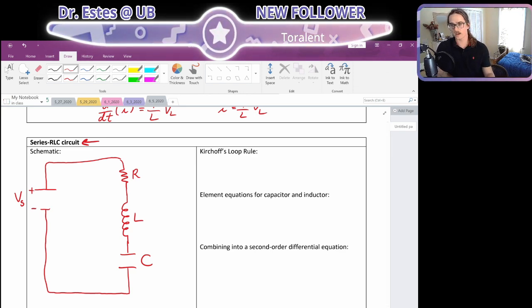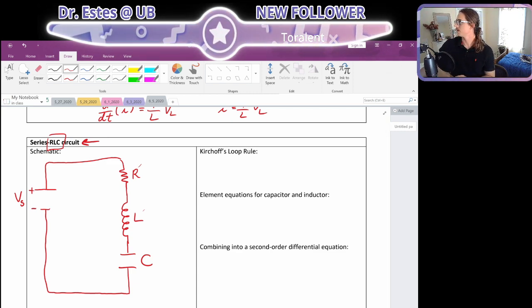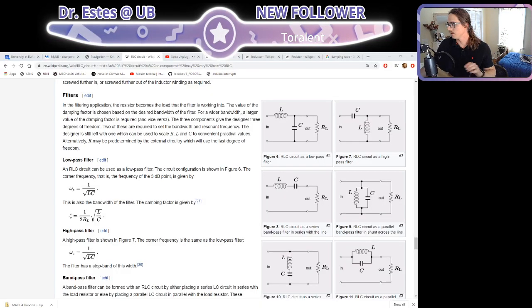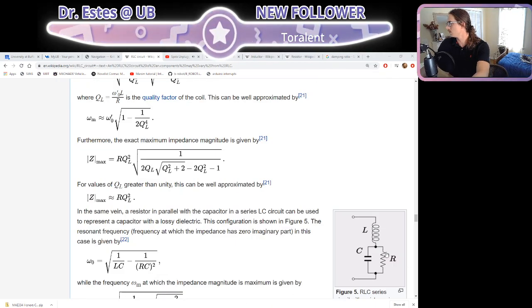And if you're wondering why we call this an RLC circuit, boom, RLC. There are different configurations for these circuits and they have different utilities. If you pull up RLC circuit on Wikipedia, you're going to see these figures.